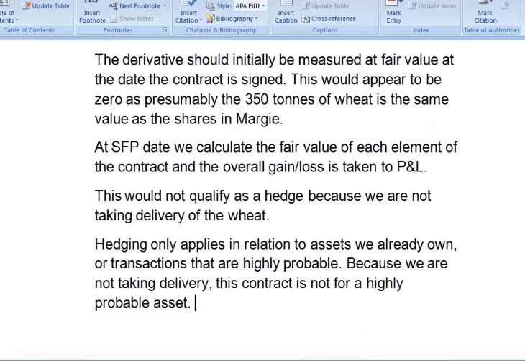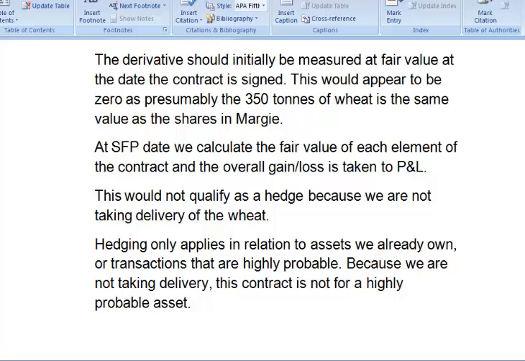So every time I put something down, I'm trying to pick up bits and pieces in respect of the question. I'm trying to pick up clues. I'm not really sure how expert I am on this particular topic, but I'm picking up key words from the question. We're not taking delivery, so therefore it rules out hedging.